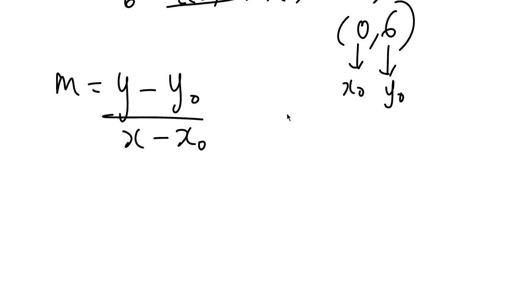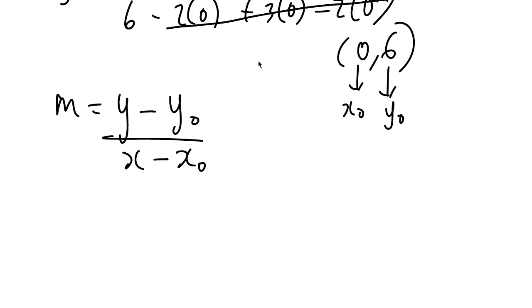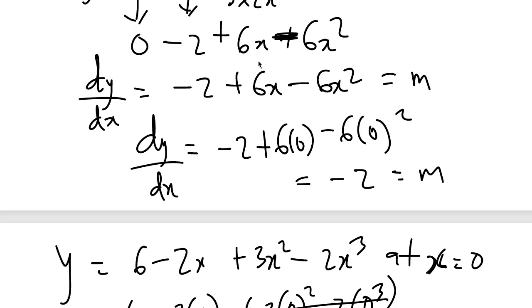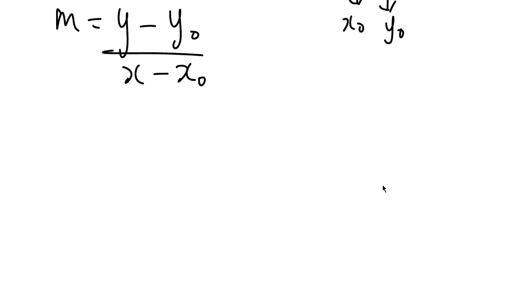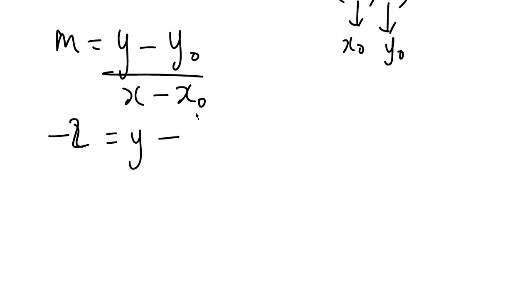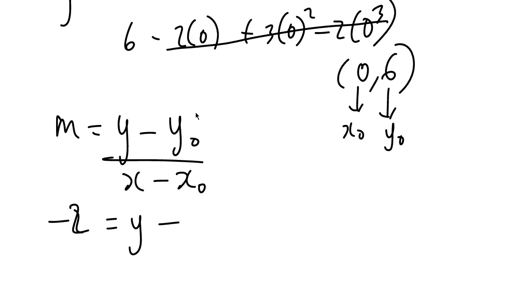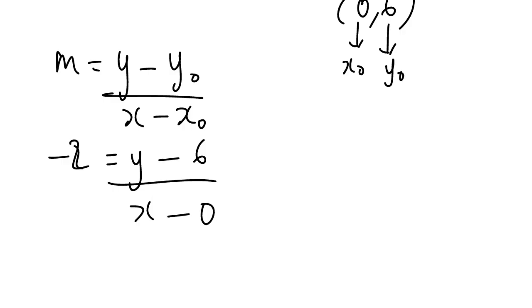Right, so m is what? We've gotten the gradient at x = 0 as negative 2. I hope you've not forgotten. So at m as negative 2, that will be -2 = (y - what is y₀? 6, right?) and what is x₀? 0.